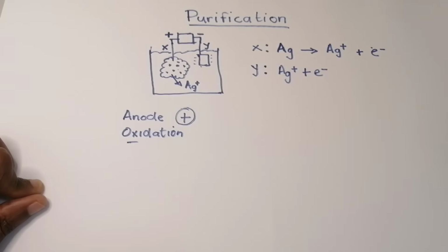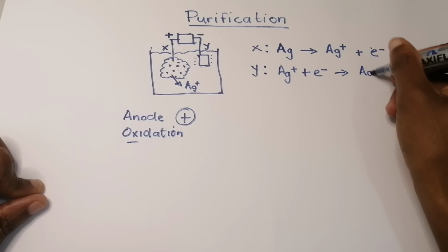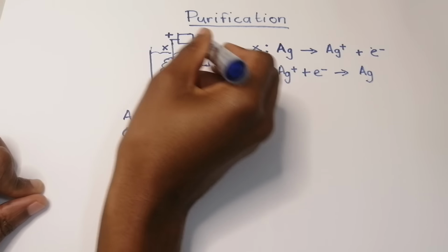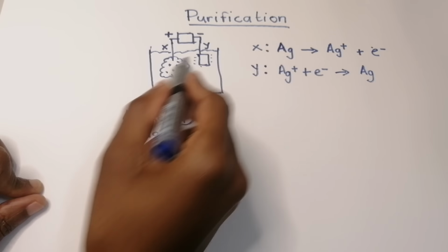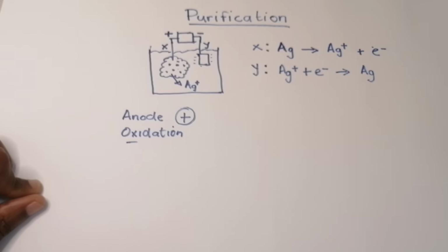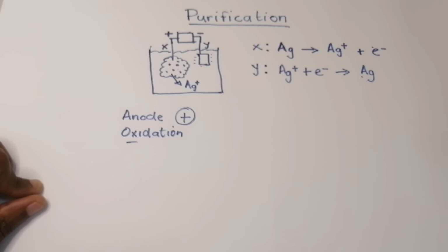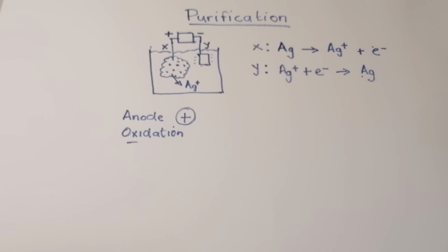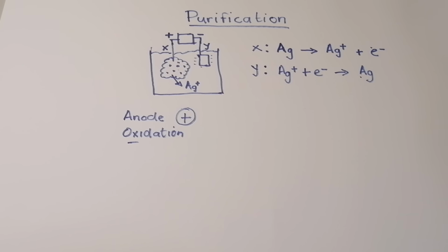It goes there, gains an electron, and becomes pure silver. So this electrode becomes bigger and bigger, but it's made out of just the silver particles. More silver is formed at that point. I hope that makes sense.